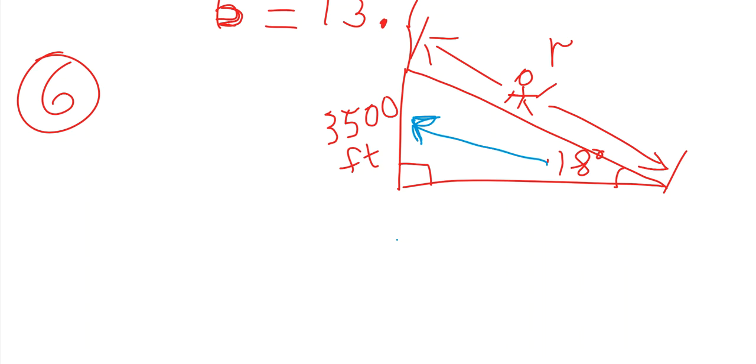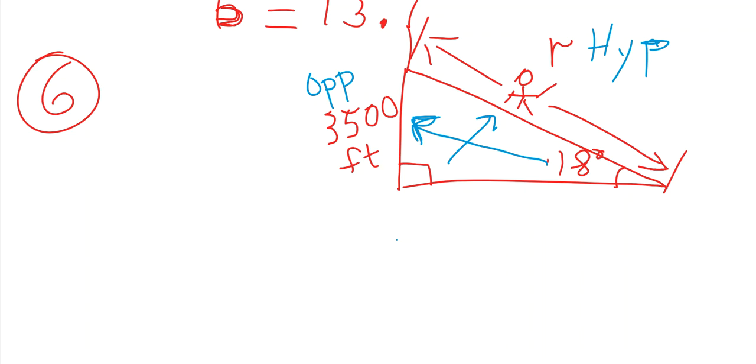And R, is it the adjacent side? No, it is the hypotenuse, opposite the 90. So which trig function is opposite over hypotenuse? Have you memorized them yet?